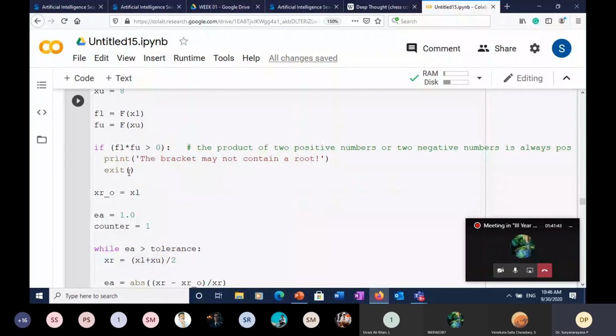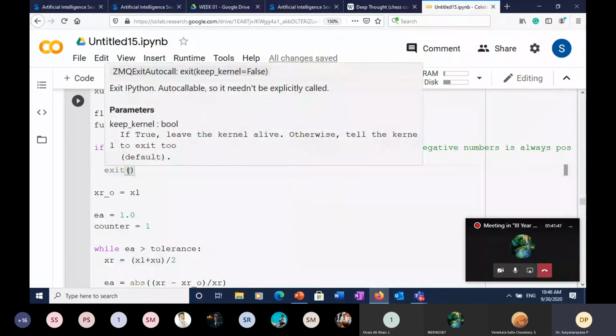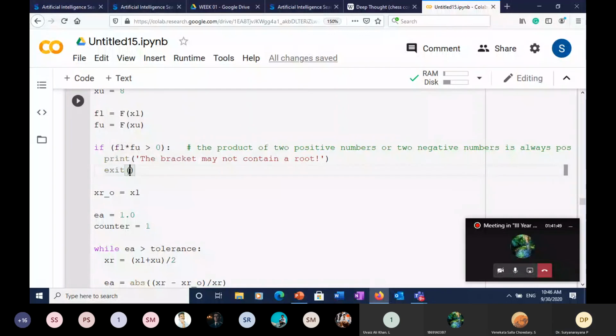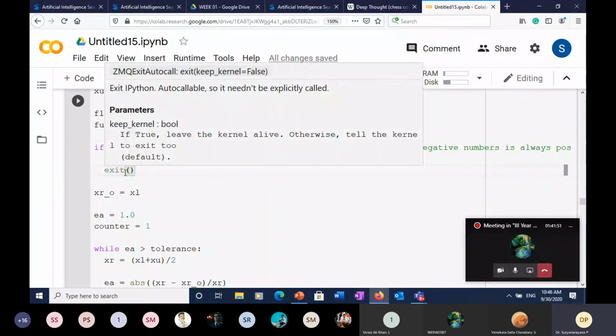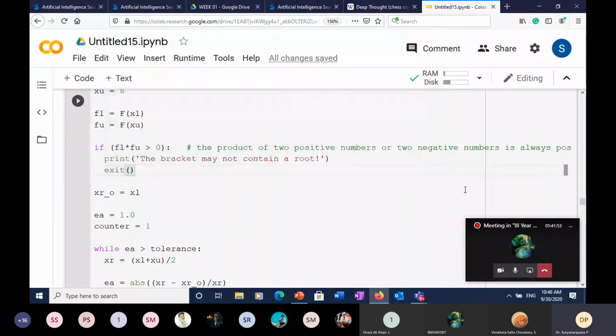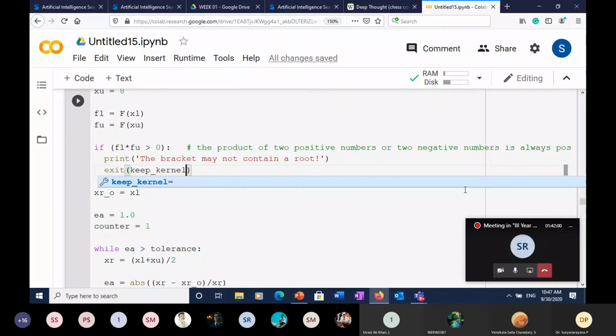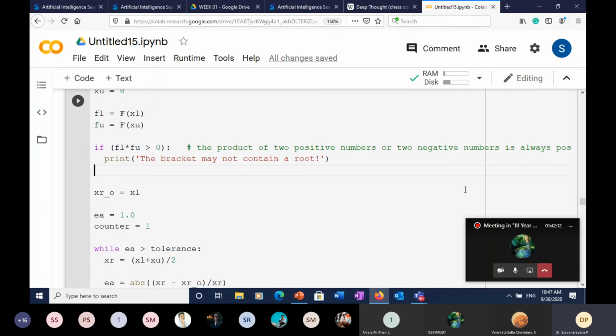In the notebook I'm having difficulty doing the exit. Let me see. You know what I should do? I think I should put an else statement here.